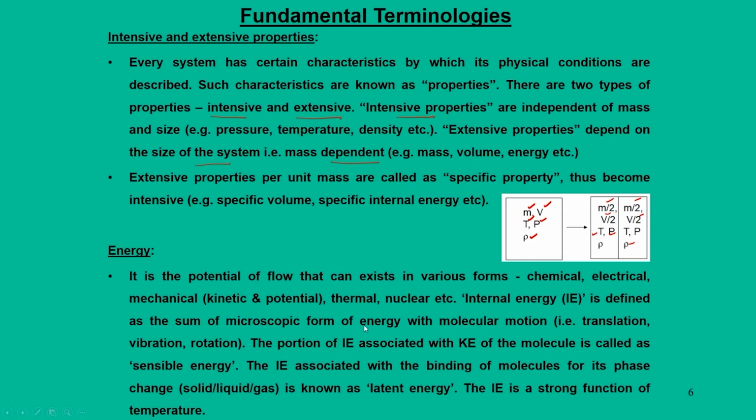Now, coming back to energy, energy is nothing but the potential of flow that exists in various forms: chemical, mechanical, and within mechanical you can have kinetic and potential. Then you can also have thermal and nuclear. Apart from that, we will also deal with another kind of energy, called internal energy, which happens within the system, and it is a microscopic form of energy. Why do we define this? Because it talks about the molecular motions, which can be translation, vibration or rotation, and combined we call this internal energy.